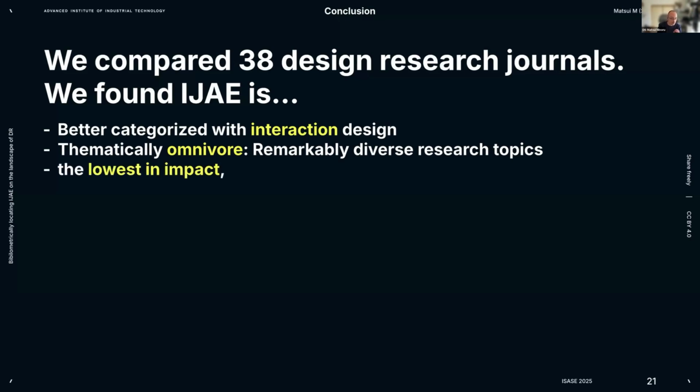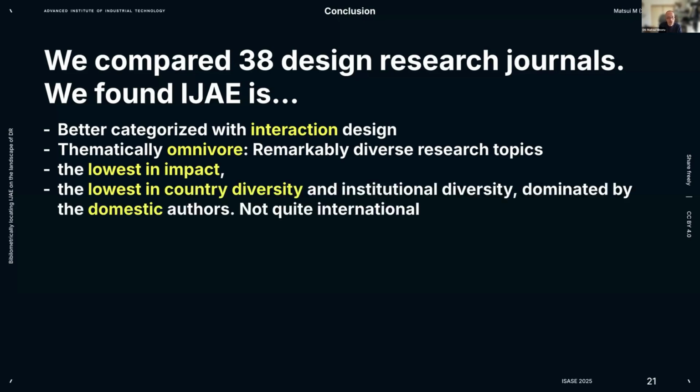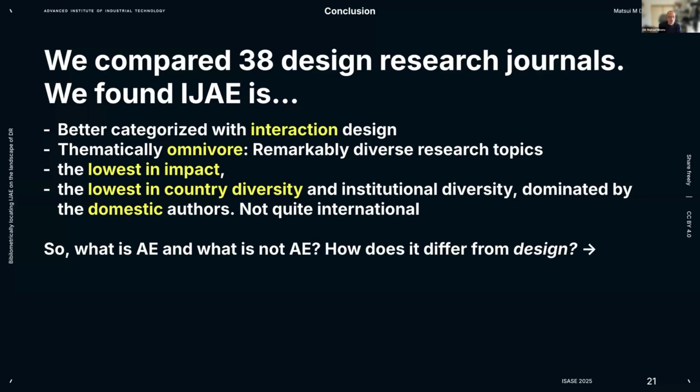And it is unfortunately the lowest in impact out of 38 design research journals, comparatively speaking, and the lowest in country diversity and institutional diversity, being dominated by domestic Japanese authors, not quite international.